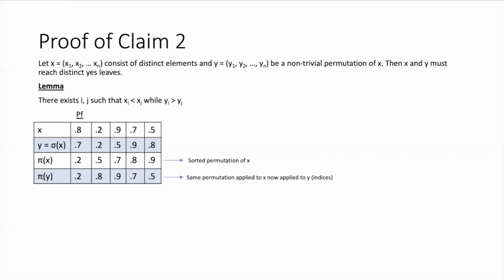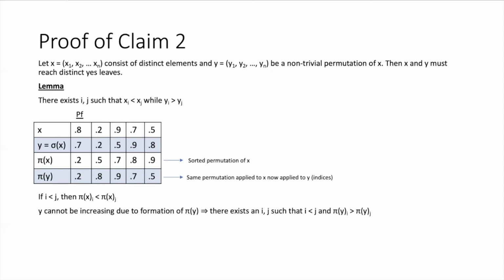So from here, it's clear to see that if i is less than j, then pi xi must be less than pi xj, of course, because pi x is sorted. So we can see that y cannot be increasing due to the formation of pi of y.